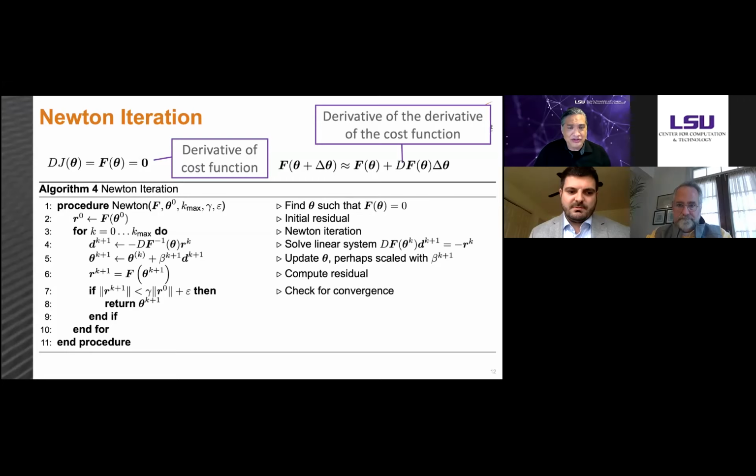What Newton's method does is it uses linear approximation based on a Taylor expansion around the current set point to compute an update of the state. So we basically invert the derivative of the derivative of the cost function and use that to compute our increment. So in this step on line 4, we compute d equal to the inverse of the derivative of the cost function, which we'll refer to as the Hessian. When we invert that, or solve the linear system really for d sup k, that's our update step.